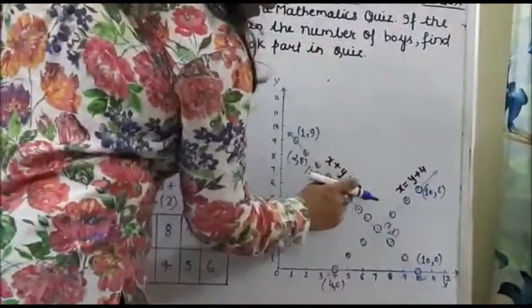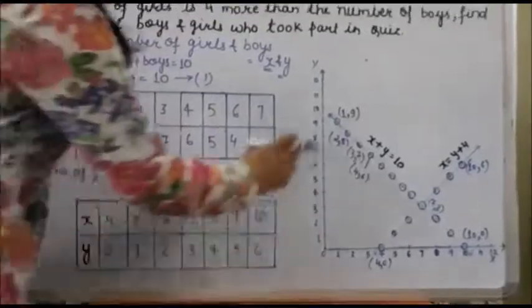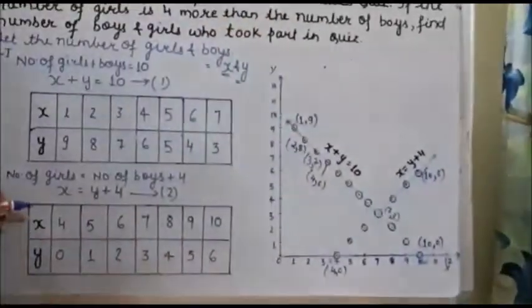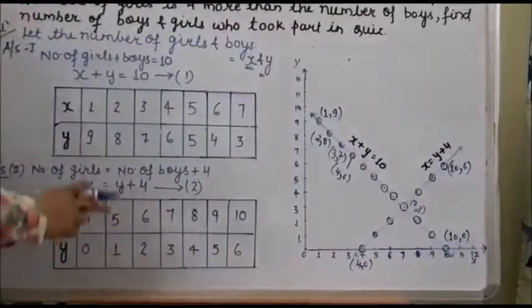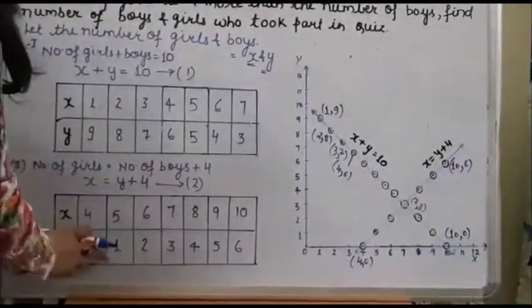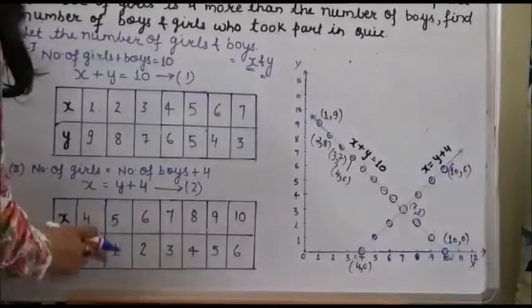You can say x plus y is equal to 10. Now, second line, what it says? After joining, you can get one line. Now, my next line says x is equal to y plus 4. If I am going to put, my points are 0, 4; 1, 5.